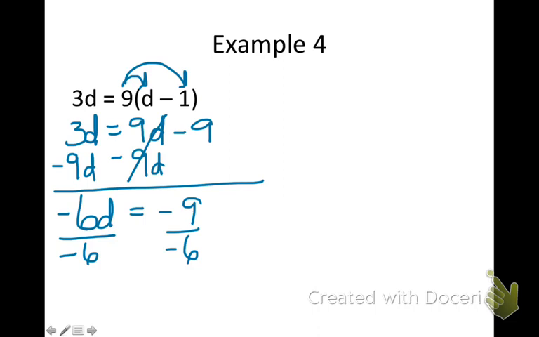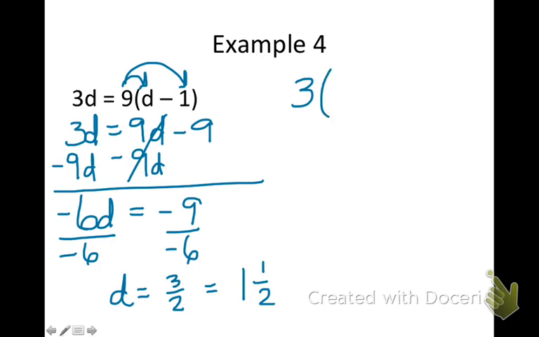And so our answer is going to be positive. It'll be a positive 3 over 2, which is equal to 1 1/2. So I'll probably leave it improper to do the math for the checking.